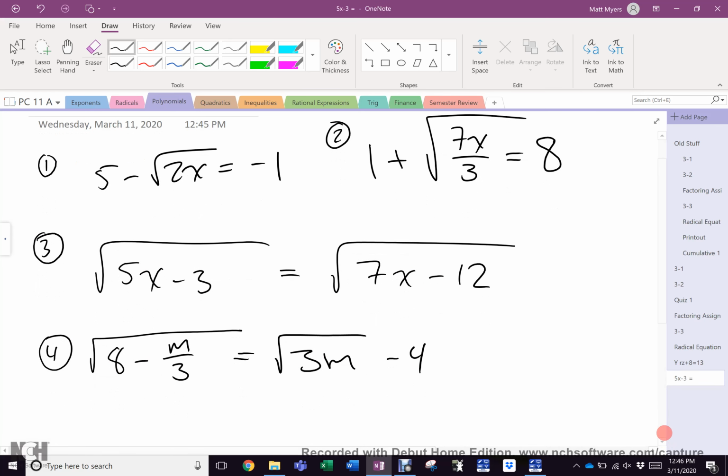And if you're really crazy, and I'm writing it in red for danger, cube root of 3x minus 1, plus 7 equals 3.